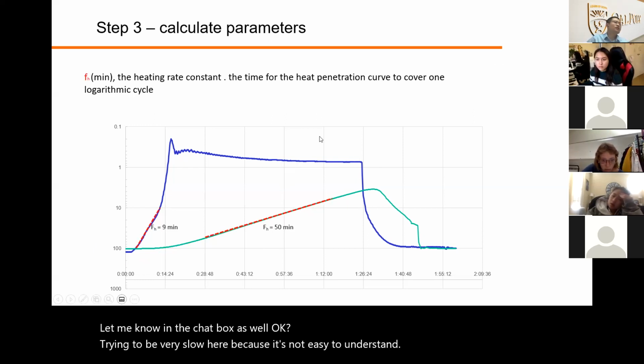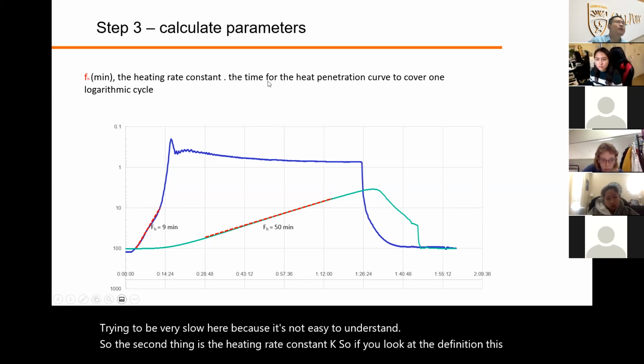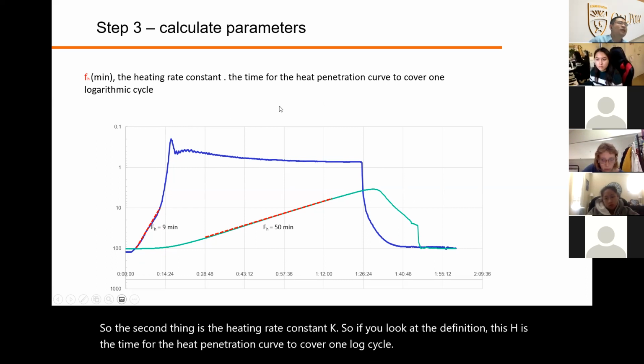The second thing is the heating rate constant. If you look at the definition, this FH is the time for the heat penetration curve to cover one log cycle. What does it mean?